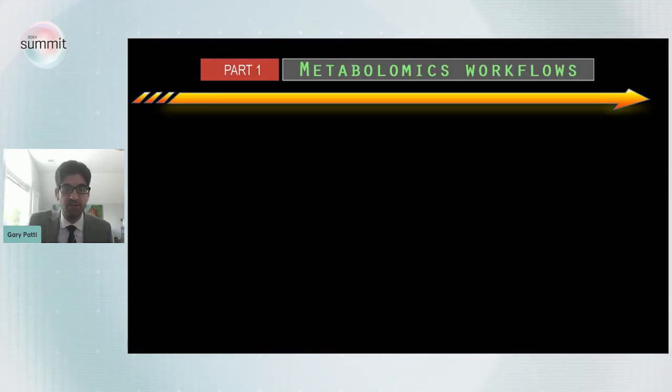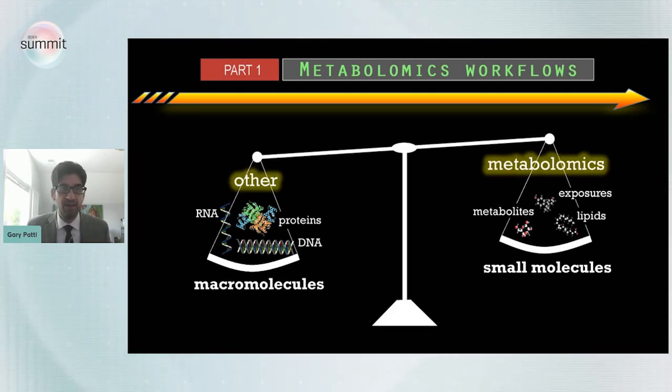And I do want to start by mentioning one overview concept, and that is when I say the word metabolomics, I know that this word can mean different things to different people, but I'd like to provide a little bit of a visualization of how we think of the chemical universe in my lab. So we divide the chemical universe into macromolecules and into small molecules. The macromolecules are going to be your genomics, your genetic content, your proteins.